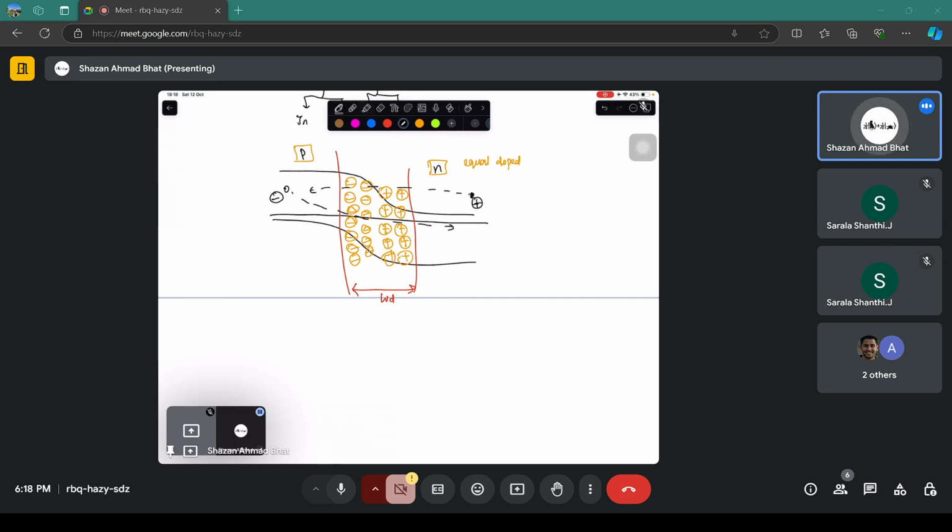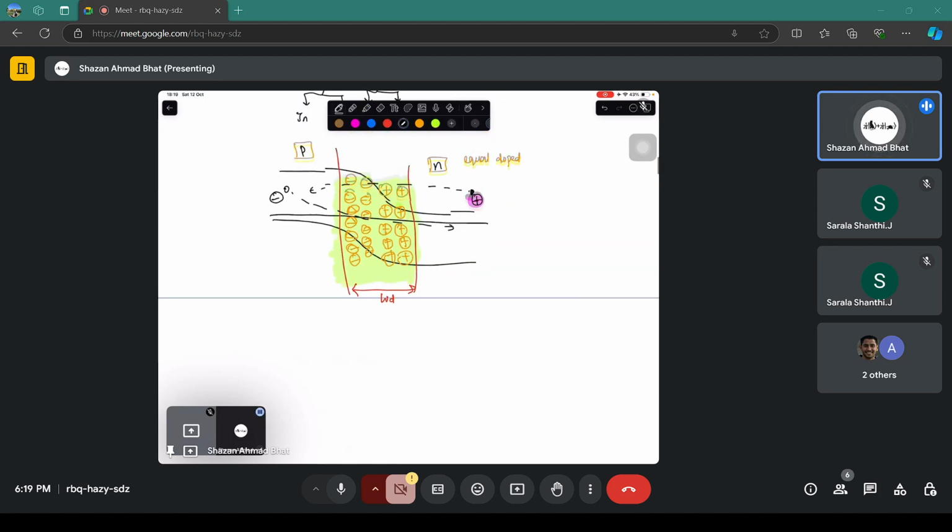The remaining things are these positive and negative ions, which come at this position whenever two materials are combined. So this depletion layer forms whenever there's a junction between two materials of different doping densities as well as different characteristics.